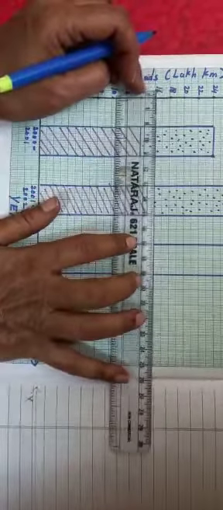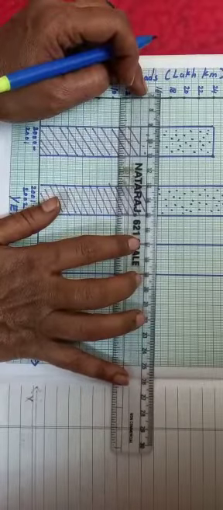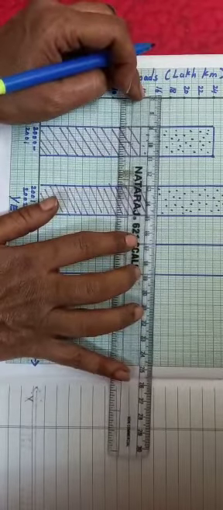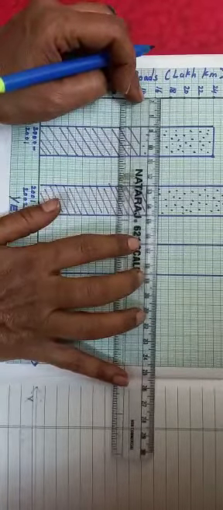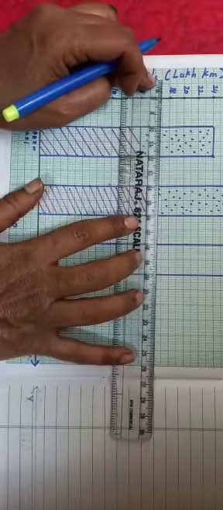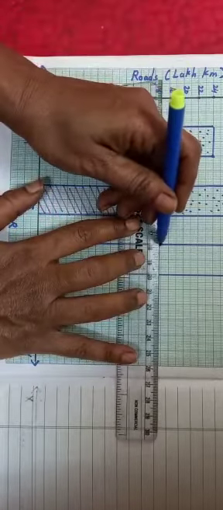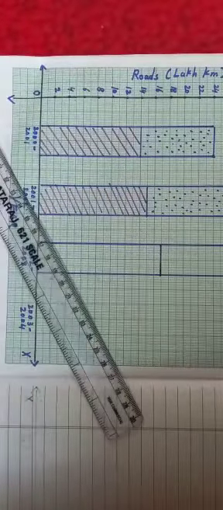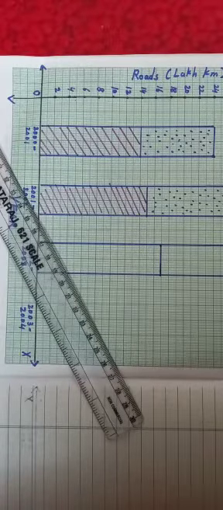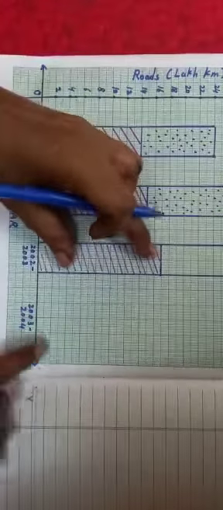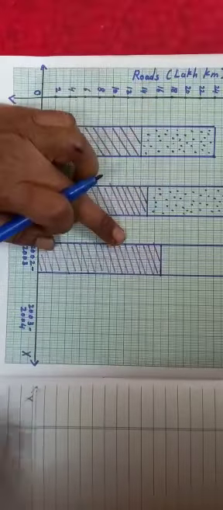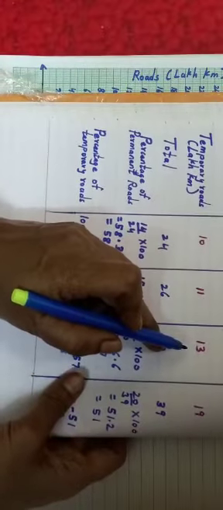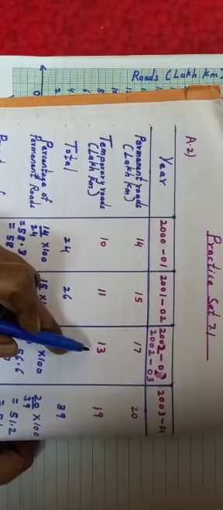So you will get it here, 17. So this part is our permanent roads, 17, and temporary roads 13 for the year 2002 to 2003.